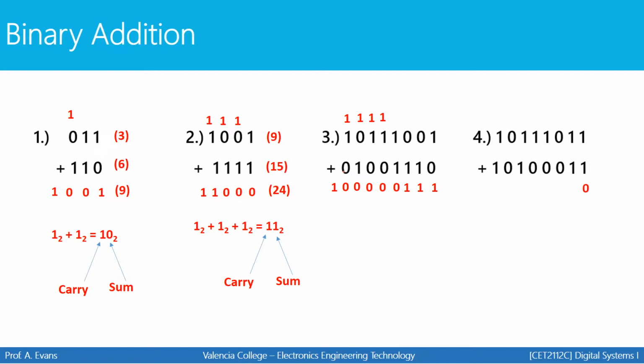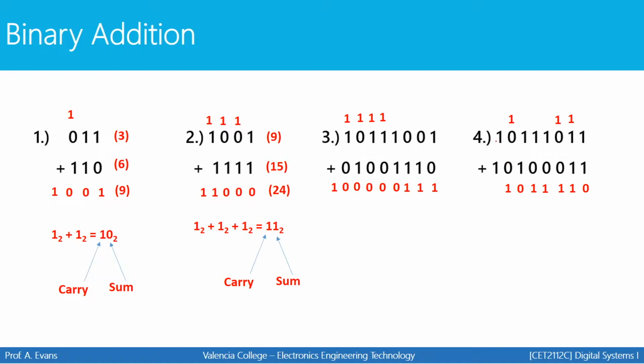And let's look at problem number 4. So we have 1 plus 1, which is 0, carry the 1. And right here we have 1 plus 1 plus 1. That would be 3. In binary, that's a carry of 1 and a sum of 1. So we have 1, carry the 1. 1 plus 0 plus 0 is 1. 1 plus 0 is 1. 1 plus 0 is 1. 1 plus 1 right here is 0, carry the 1. 1 plus 0 plus 0 is 1.